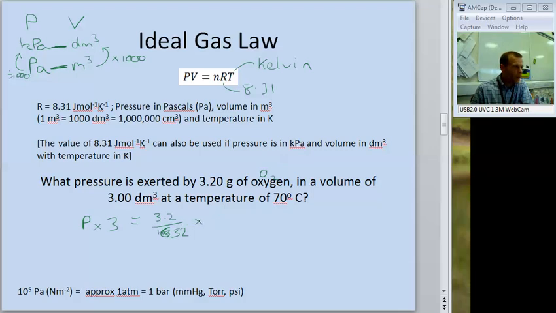PV equals nRT. T again needs to be in Kelvin, plus 70. I'm rather lazy, I've done 273.15. And if I solve that for P, my pressure comes out to be 95.01 kilopascals.